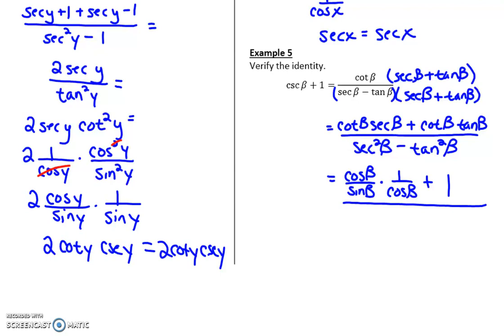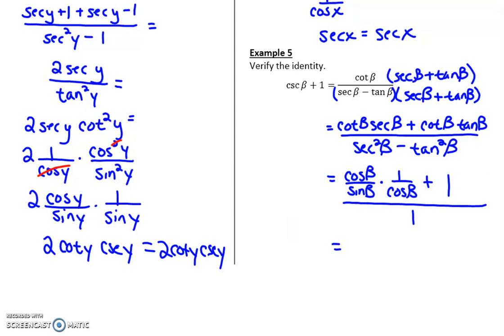Since it's cotangent of beta and tangent of beta, they are reciprocals of each other, and when you multiply reciprocals of each other, it just becomes 1. And then our denominator, that is actually a Pythagorean identity. So that is equal to 1.